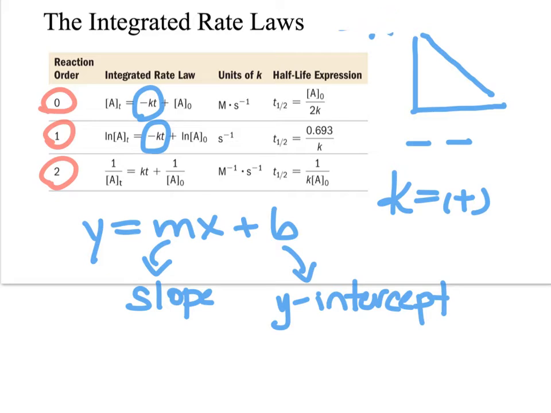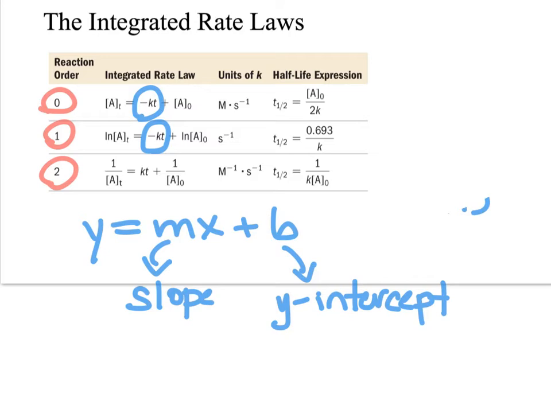Something else we need to make sure and define. The y-intercept, b, and I'll just abbreviate that, is the place where the line crosses the y-axis.